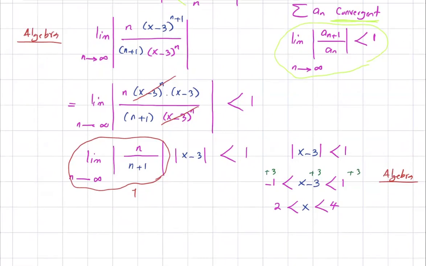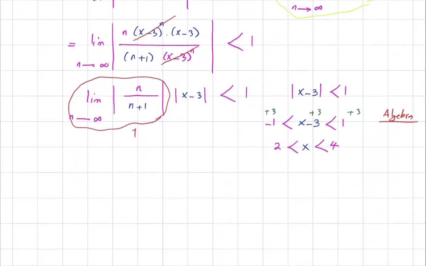As long as x is bounded between 2 and 4, you can say that the power series is convergent. But unfortunately, the ratio test doesn't give us any information about 2 and 4. We need to analyze that separately.